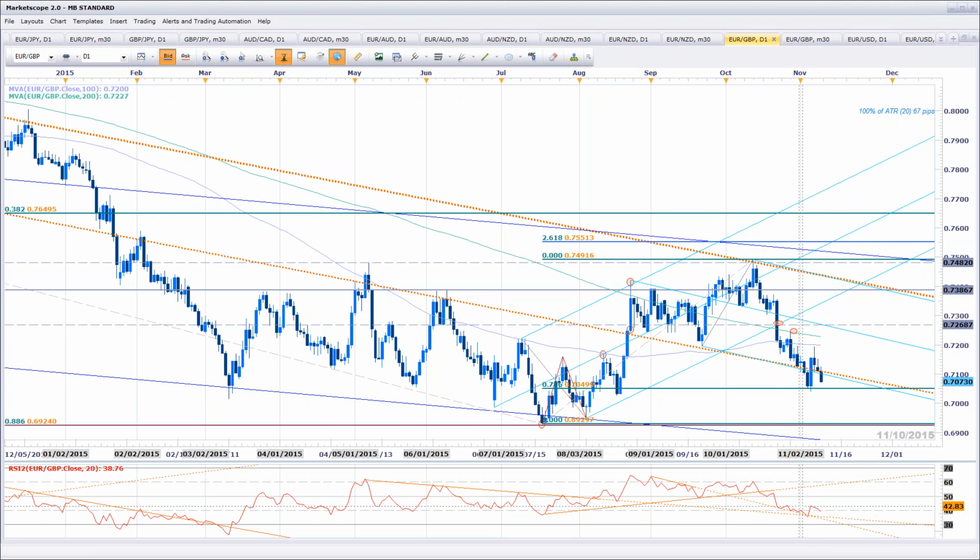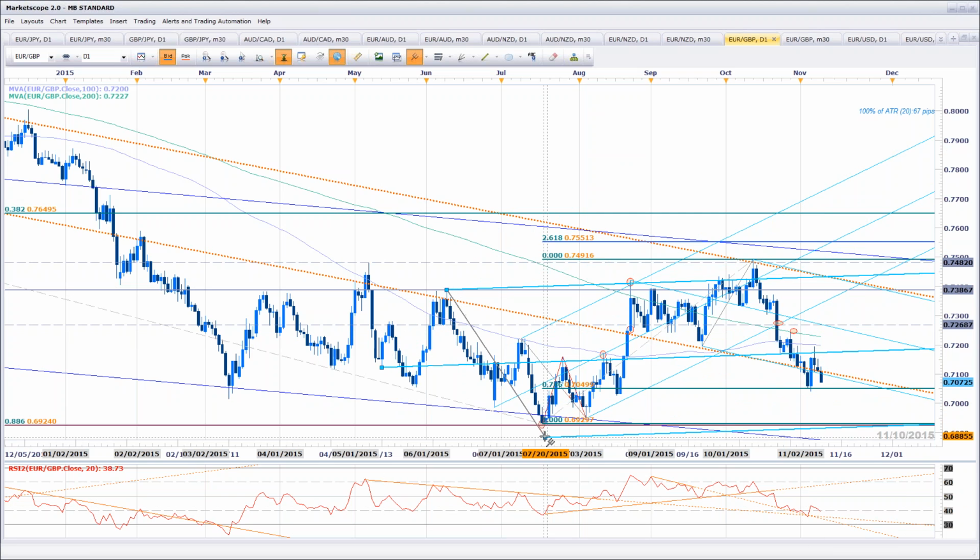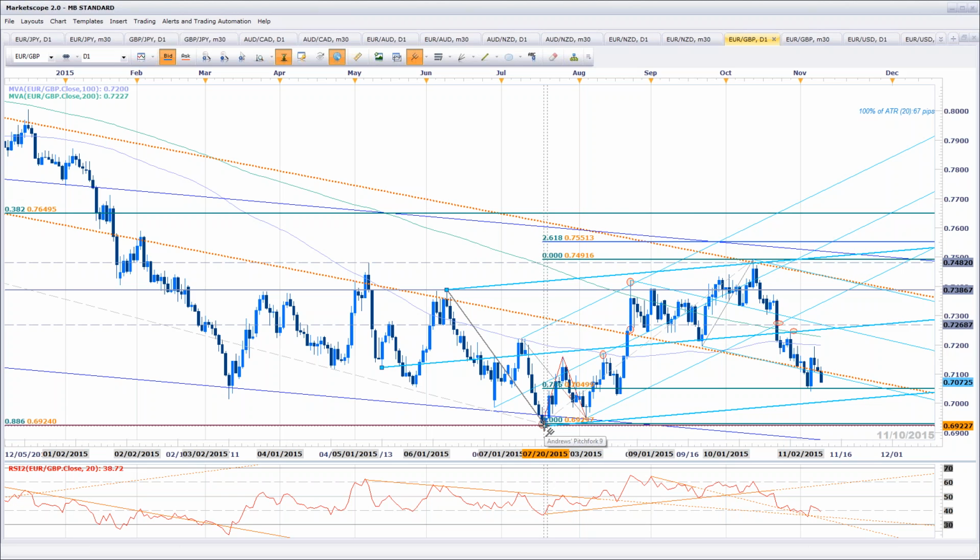Mark says ML start at 513 low. Let me take a look at that. 6-9 high. That does look nice.